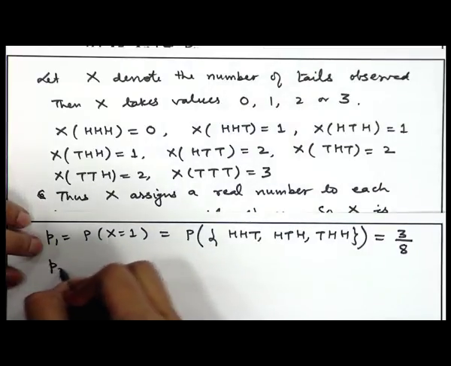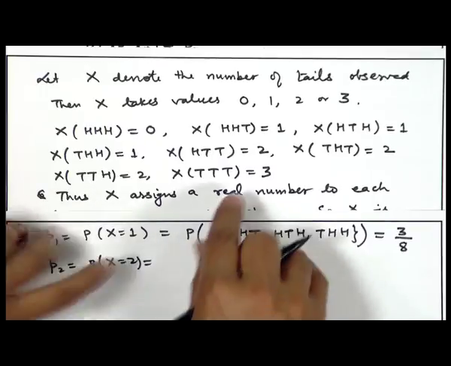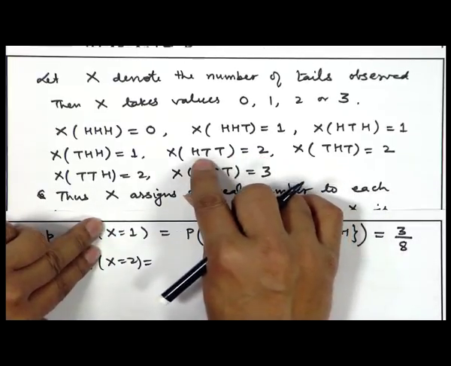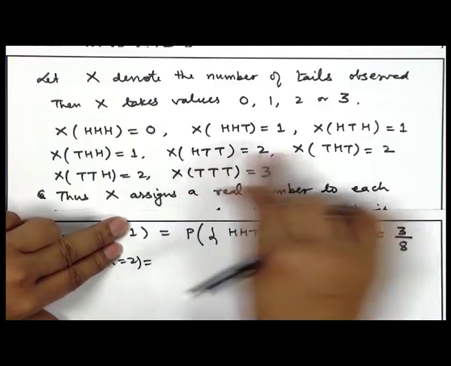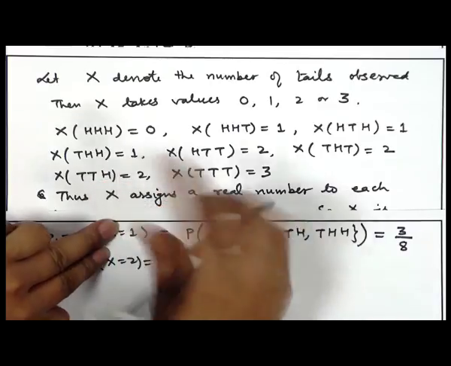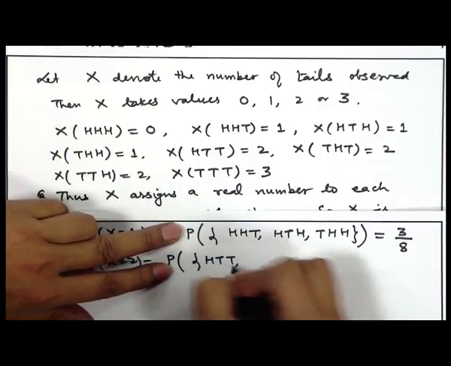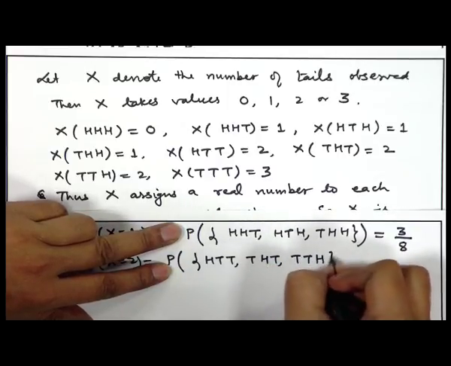Similarly, if I look at what is the probability of x is equal to 2, then you can see that x takes value 2 when 2 tails are observed, that is corresponding to HTT, THT and TTH. So, that is the probability of HTT, THT and TTH.